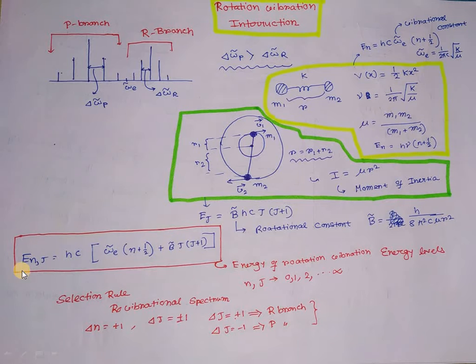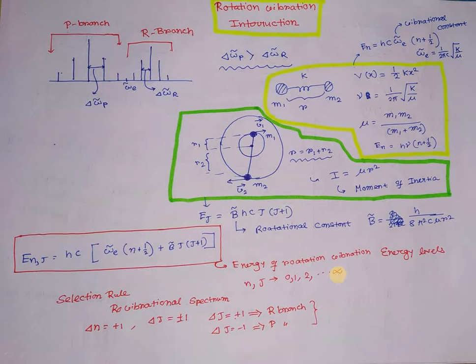So the energy expression for a rotation-vibration model system is E(n,J) equal to hc into omega e bar (n plus half) plus B bar J(J plus 1), where n and J are the vibrational and rotational quantum numbers, and n and J can be any integer value from 0 to infinity.